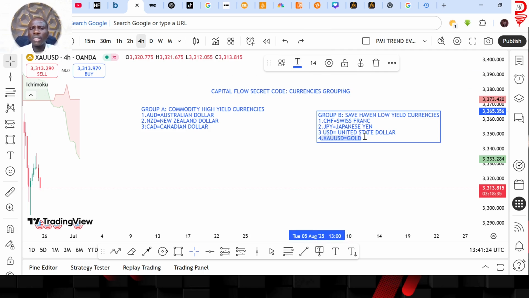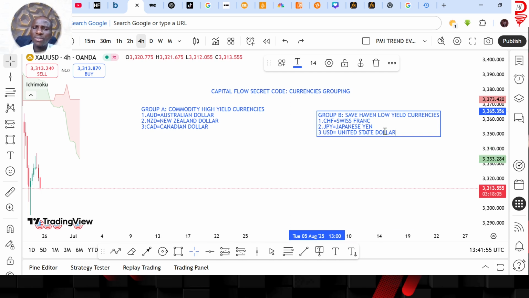Just take note. But then let me clear it, having established that part of the safe haven assets is gold. And for Group B, we now have the currencies, because this secret is going to really help you pinpoint what to trade. I don't want to mix a lot of things up in this video.